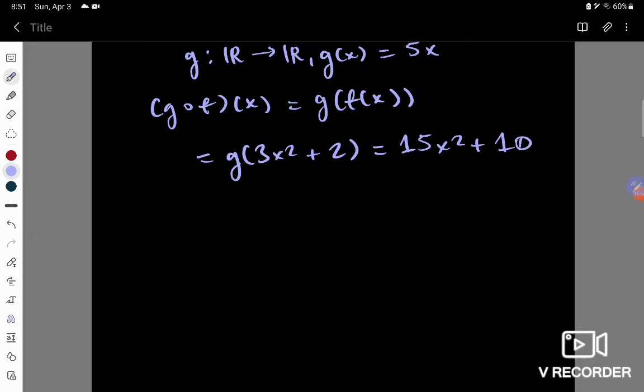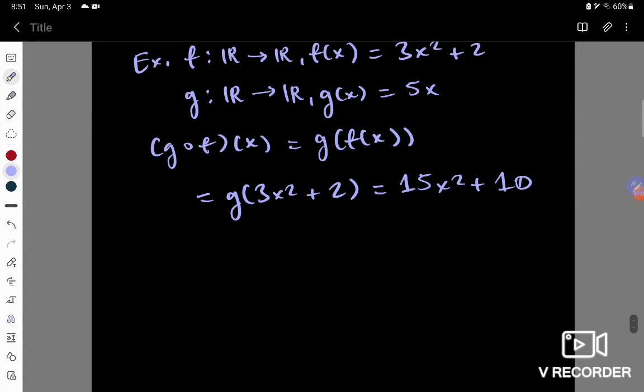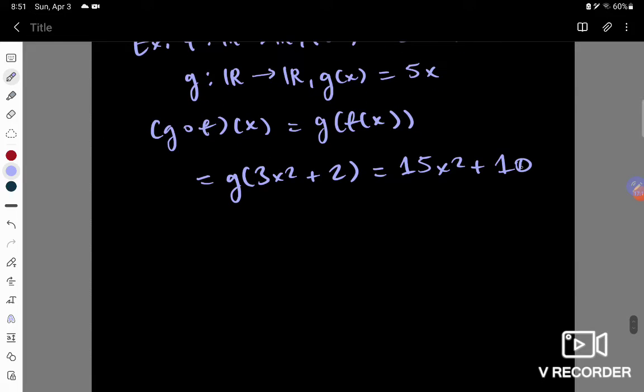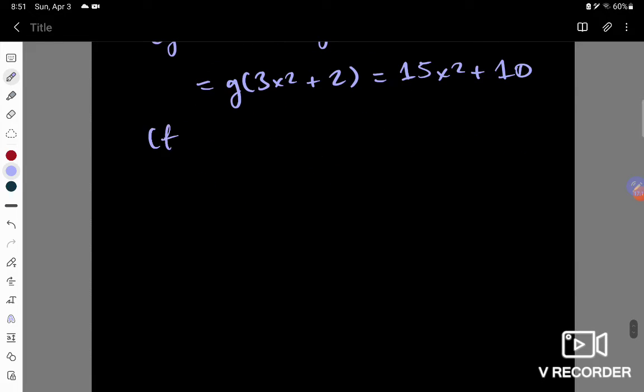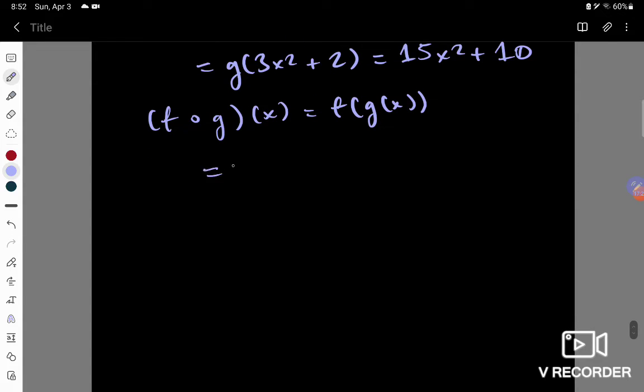That's just a quick example. And let's do this the other way to show that composition is not commutative, so let's say f of g is not the same as g of f, and there's no reason why it should be, but let's just work it out to be sure. So f of g of x equals f of 5x.